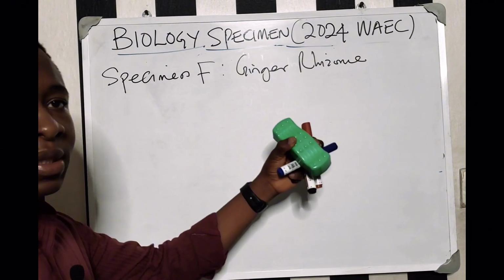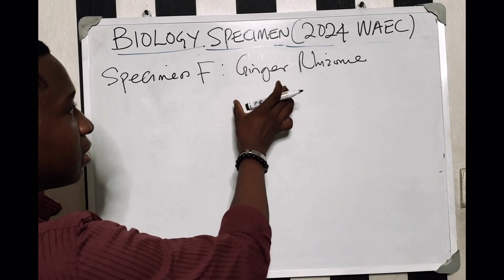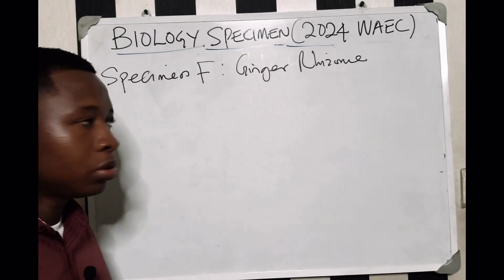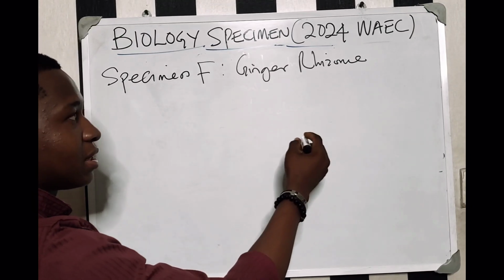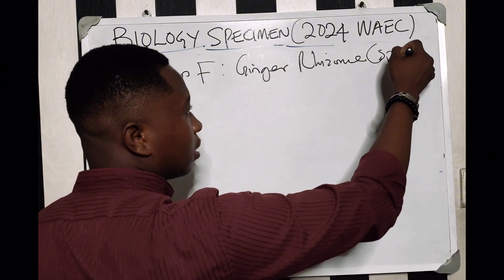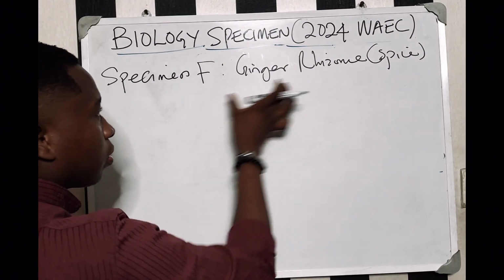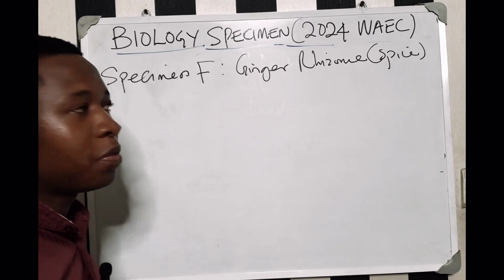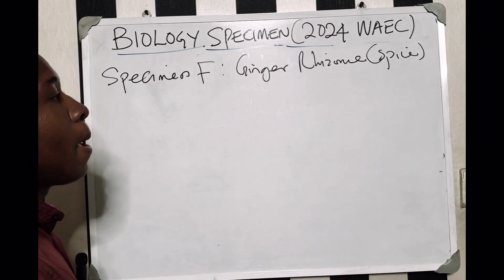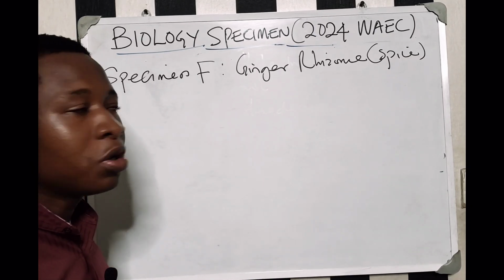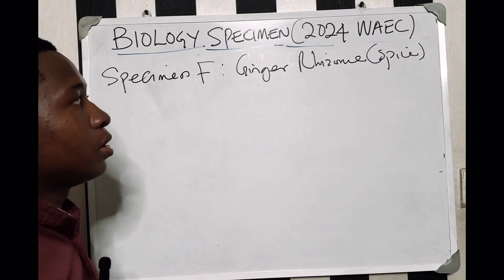This is a plant that has nutritional value. It is also used as a spice in most African homes. A question that can come from this specimen is to mention the scientific or botanical name of this plant.